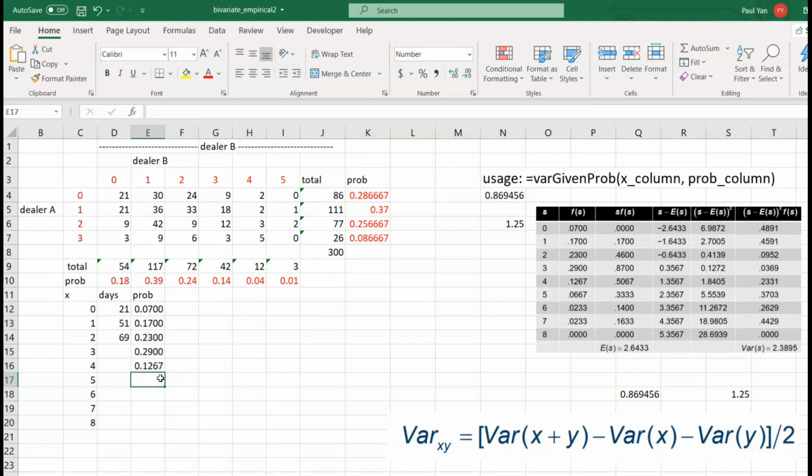The next one is 0.0667, 0.0667, and 0.233.